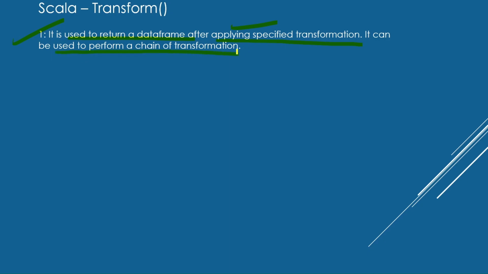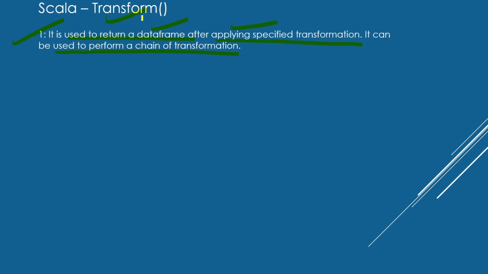Suppose you want to do 10 transformations on your data frame. Generally, we can create 10 functions for those transformations, and in the same line of code we call all those 10 functions with the help of the transform function.